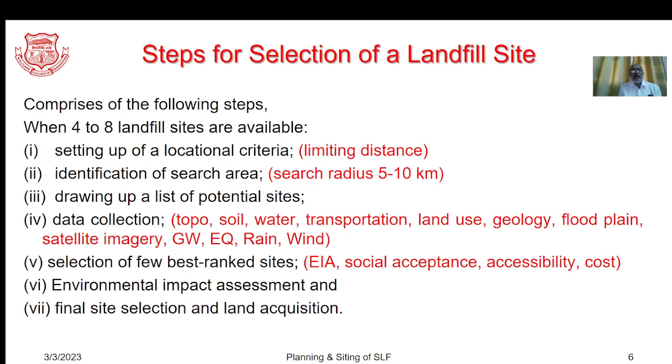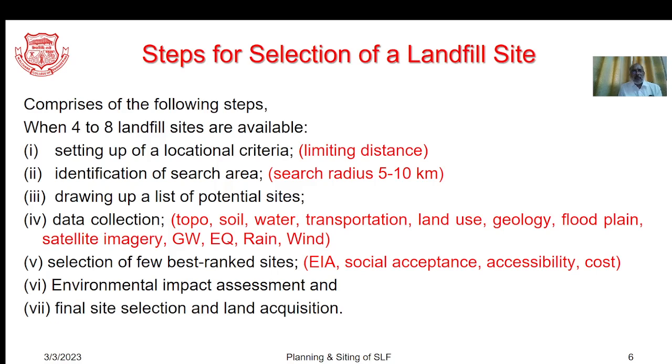We can identify the search area, say within a radius of 5 to 10 kilometers. We can shortlist certain potential sites and the data can be collected in view of the various points that we discussed on the previous slide, topographical, soil, etc. For that, even satellite imagery can provide at-a-glance data.